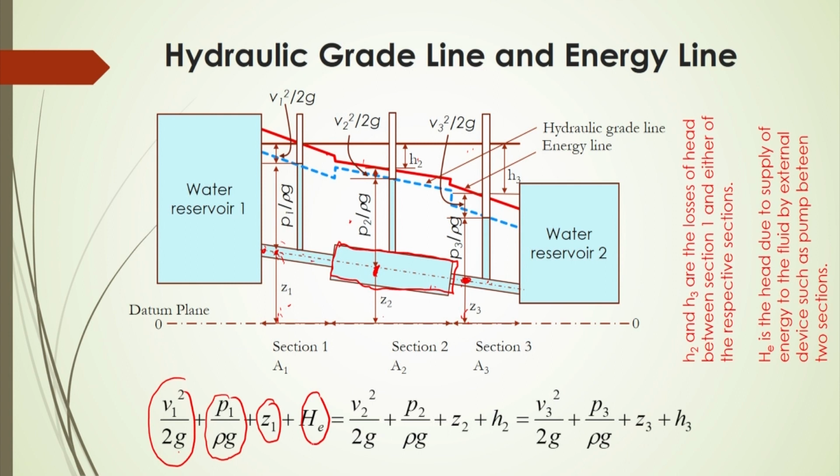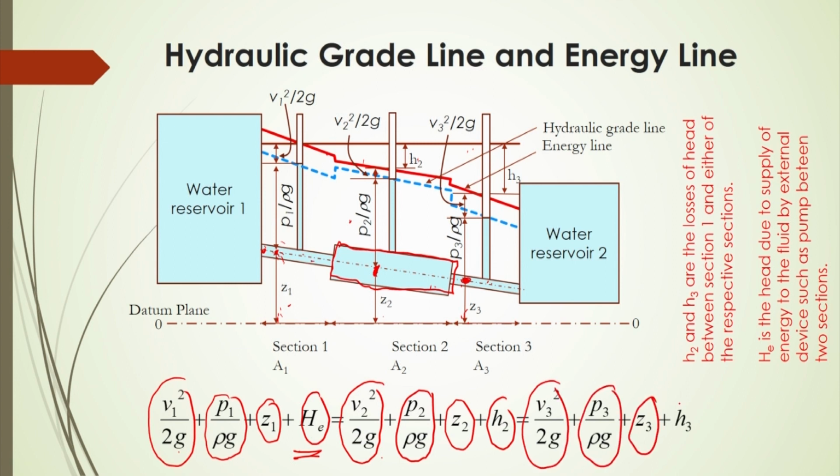That will be considered here, and then it will be equal to V2 square by 2g plus P2 by rho g, that is pressure head, and Z2, that is potential head, plus H2, the head loss here. And again at section 3, the summation of the velocity head, pressure head, potential head and the head loss at section 3. So you will see that the total energy will remain the same, that will be equal to the total head.